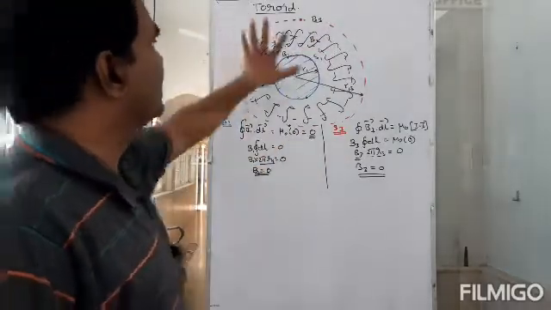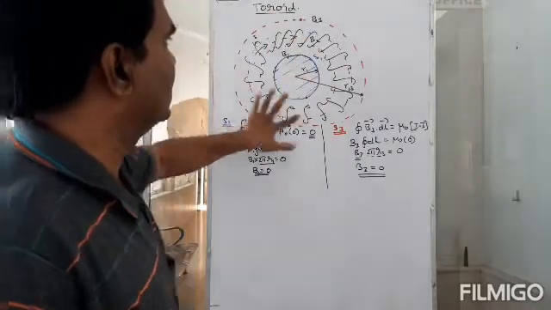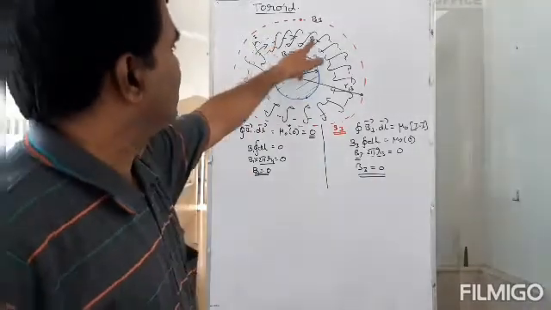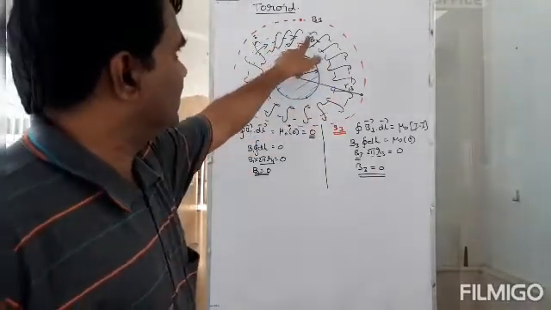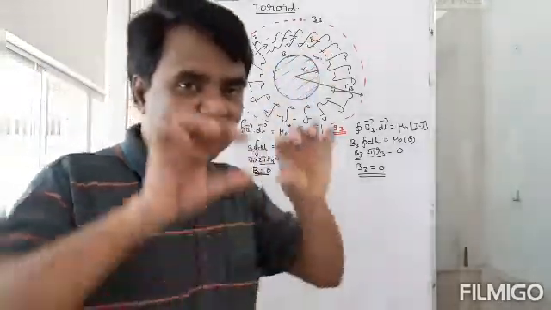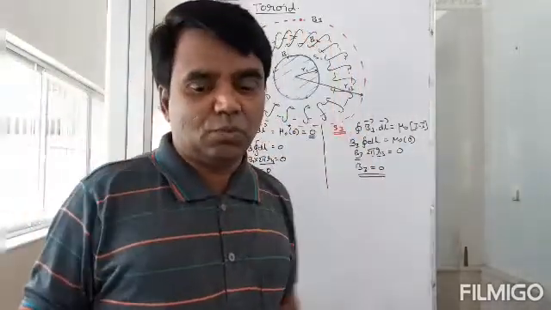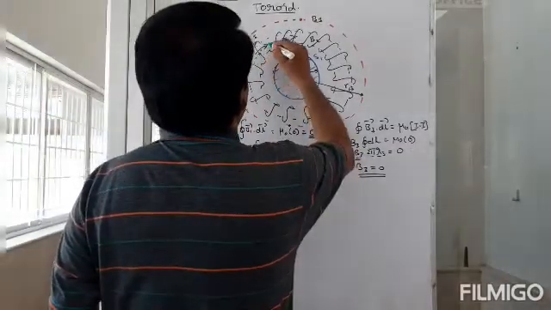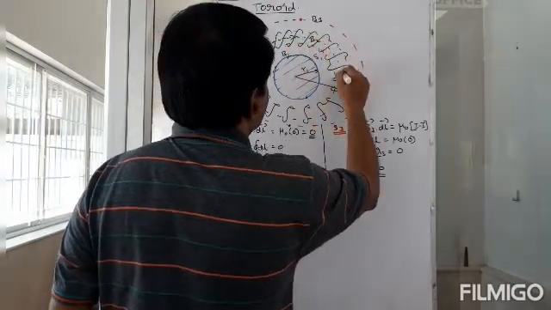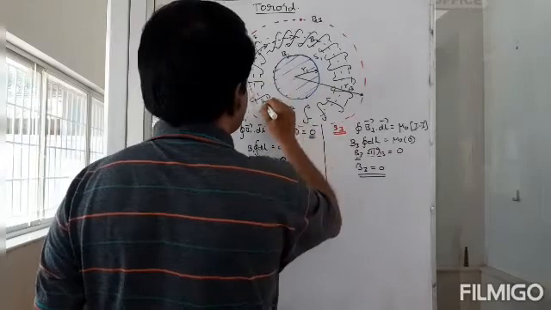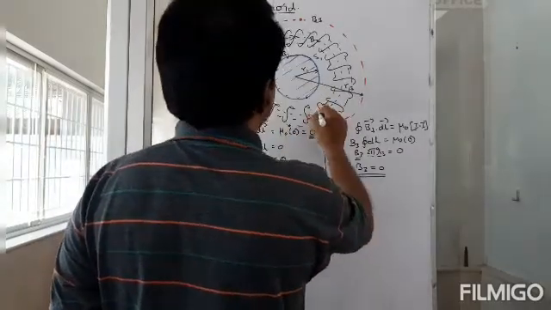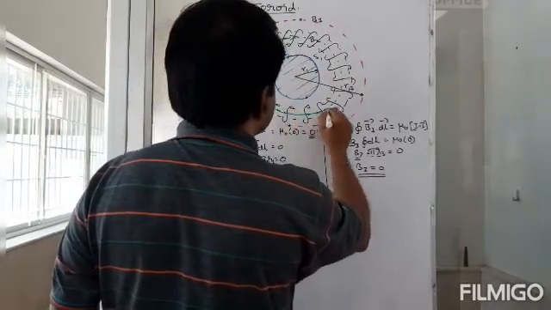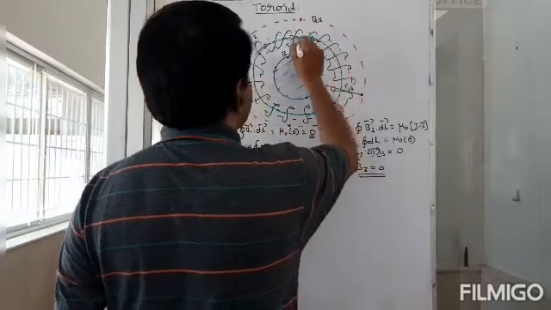Now that leaves us with B2, this particular part of the toroid, which is inside the toroid. What would that be? Again, for this also, I am going to consider a circle inside. So notice here, this circle is an area, right?